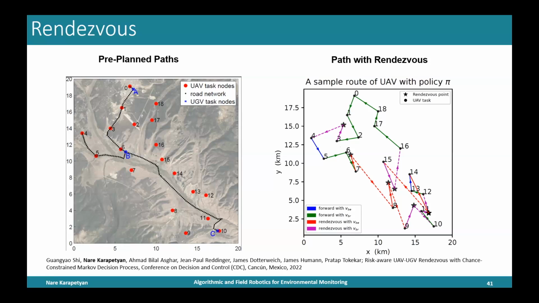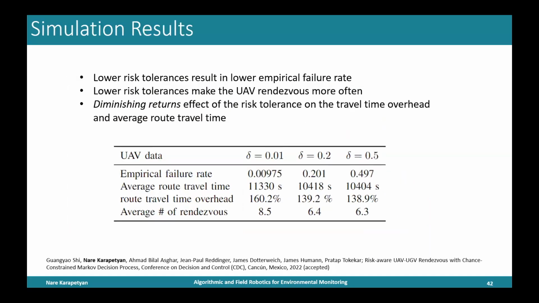You can see that the actual trajectories of the UAV performing the exploration have been increased because they have to choose a new location to rendezvous in order to not lose power. A couple of things that we noticed after performing the simulation with this system: if we set a low user-defined risk tolerance, we will have a lower empirical failure rate, which is also intuitive to guess. And also the UAVs, if we have lower risk tolerance, will actually meet more often.